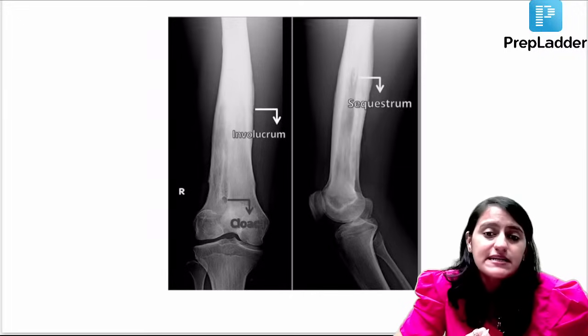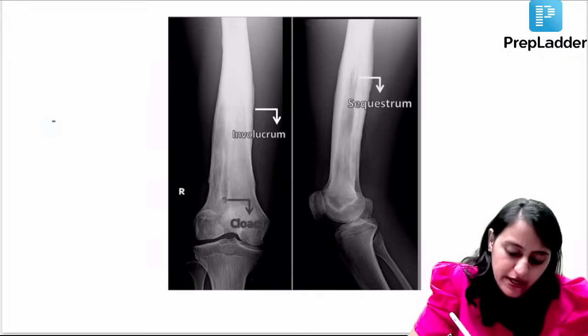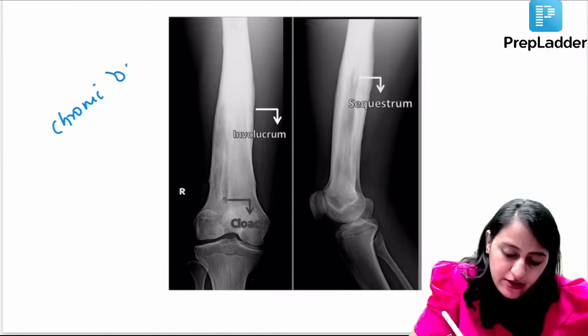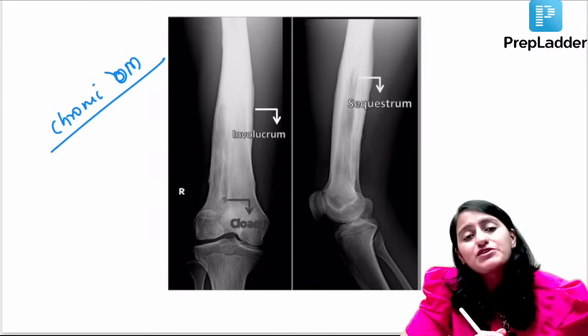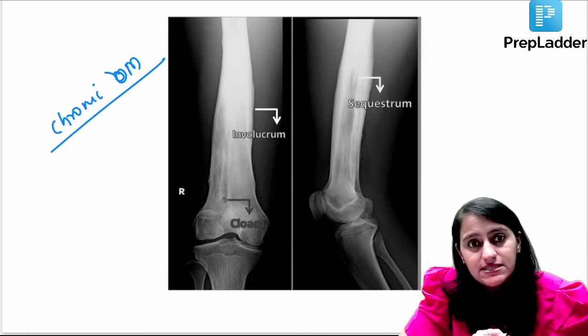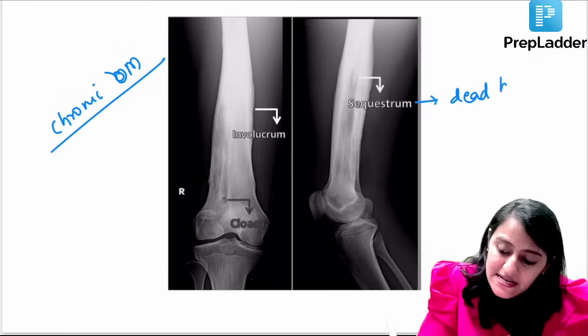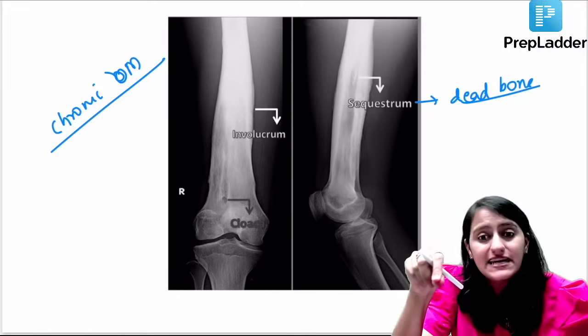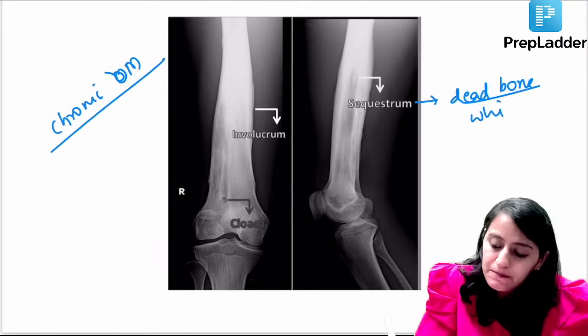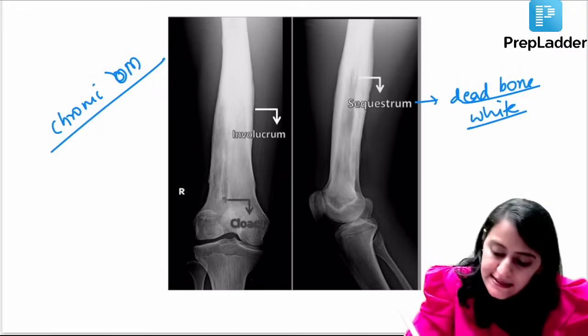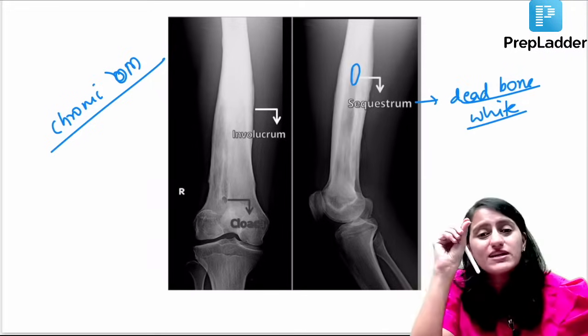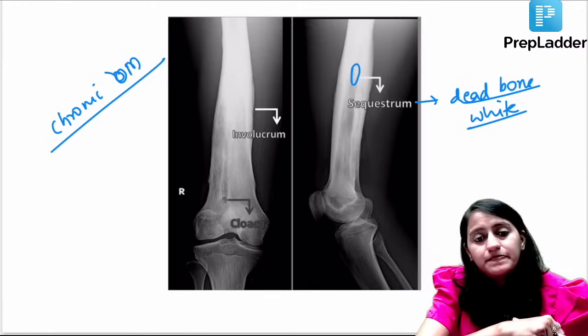When you see this sequestrum, involucrum, cloaca, what are you thinking of? Chronic osteomyelitis. The patient comes with history of discharging sinus, right? What is the sequestrum? Sequestrum is the dead bone which is sequestered inside. How does it appear? It appears more white, more dense. So this white dead bone in the center, that is sequestrum.